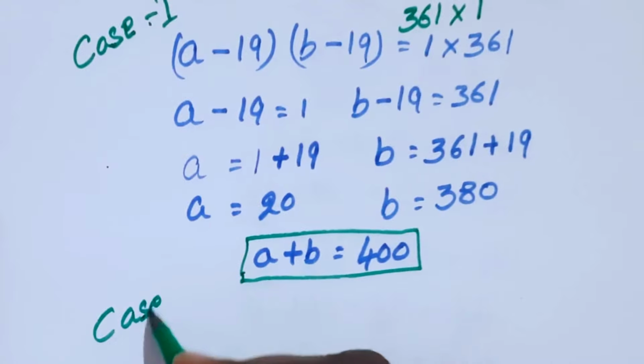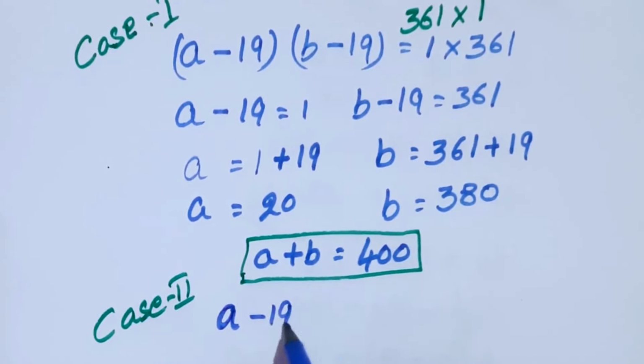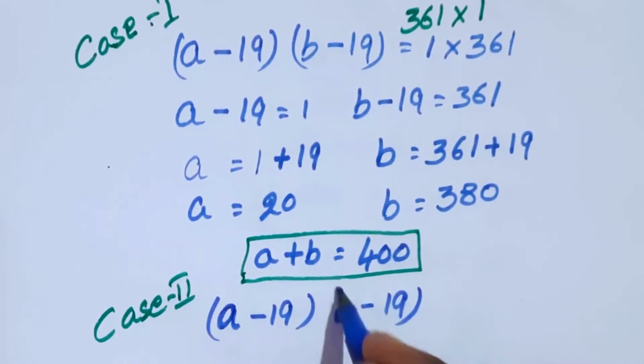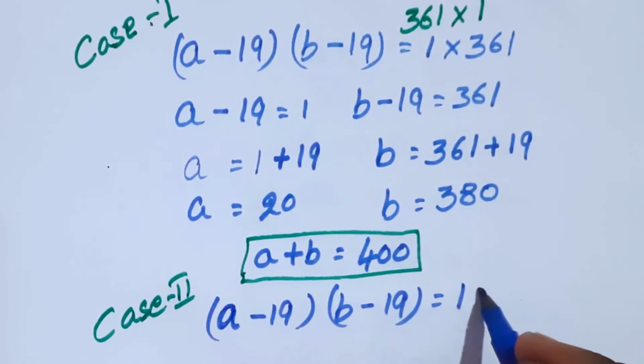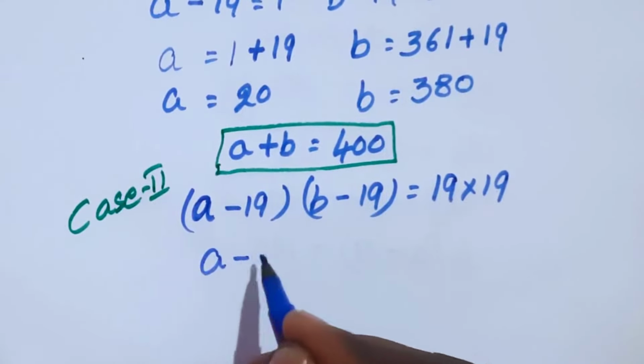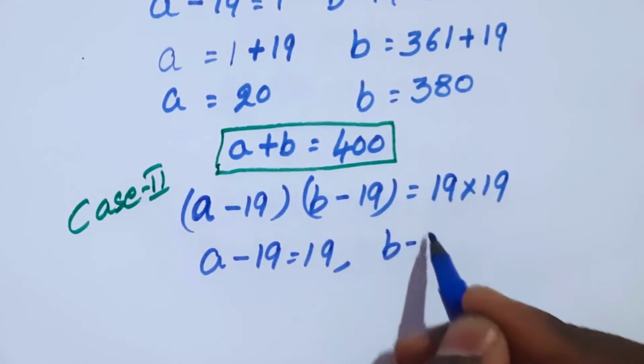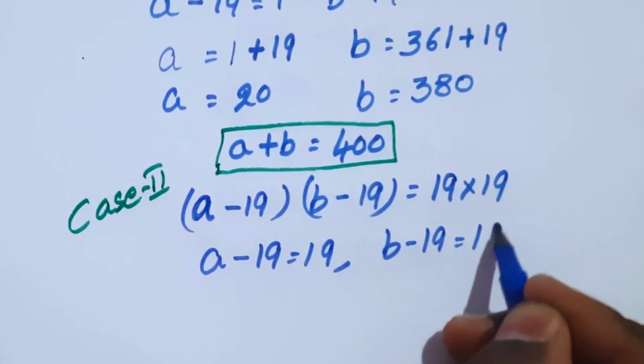Case 2, A minus 19, B minus 19 equal to 19 times 19. So A minus 19 equal to 19, B minus 19 equal to 19.